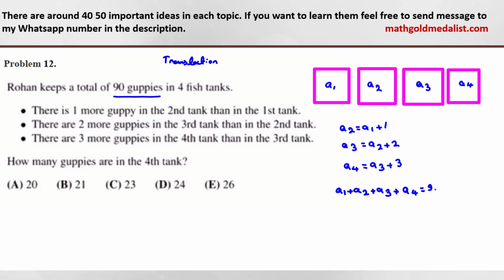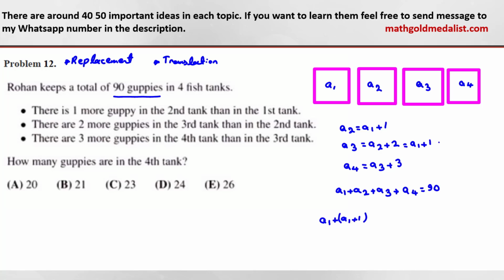Again, for this problem we should use replacement, like in the previous problem. These ideas are background ideas, and in, for example, one year, we have more than one problem from one of them. A3 is A2 plus 2, and A2 is A1 plus 1.